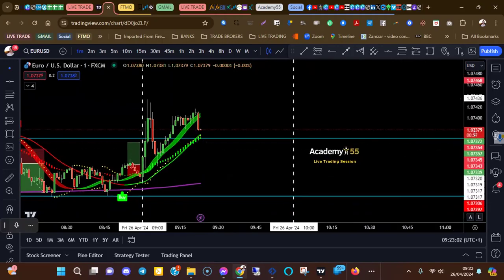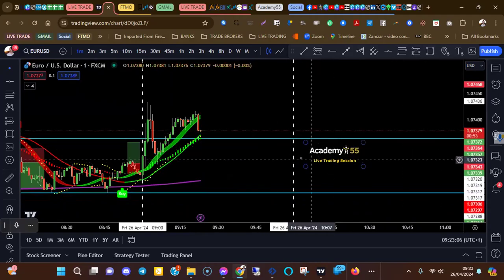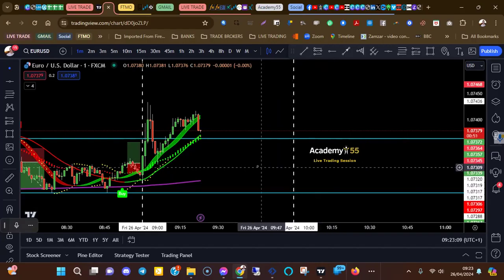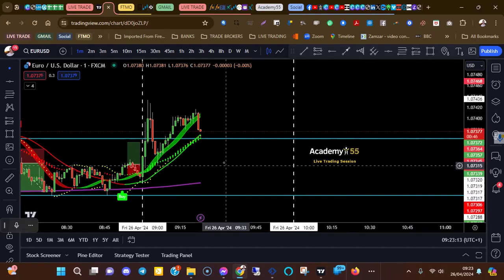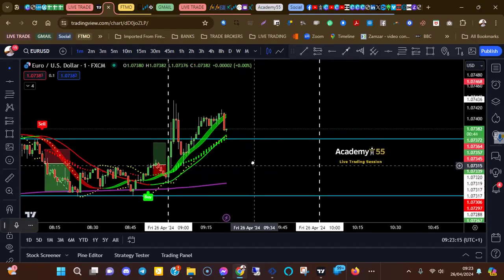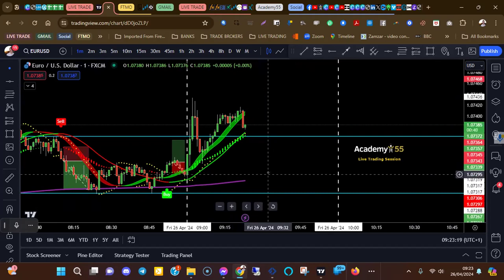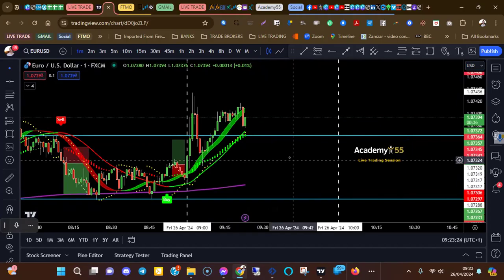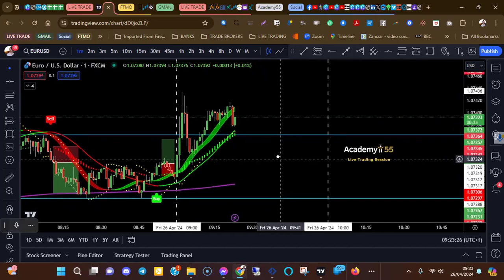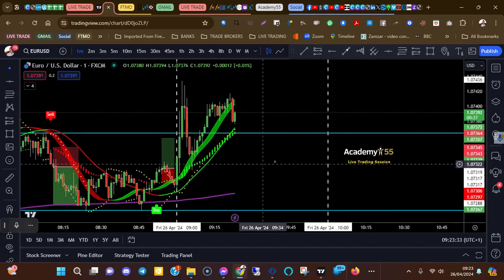But because we're only concentrating on one currency, this was deemed by me the best one to work with the Academy 55 strategy. So that's why we use that. And the fact that you're learning the one currency, when anybody's learning trading with whatever strategy, it's always a good idea to choose one currency and only use one currency as well.